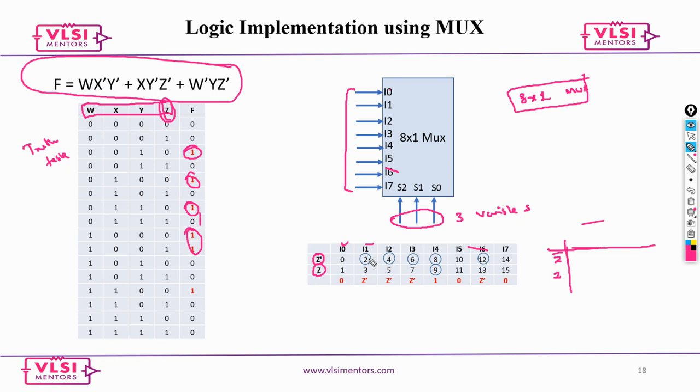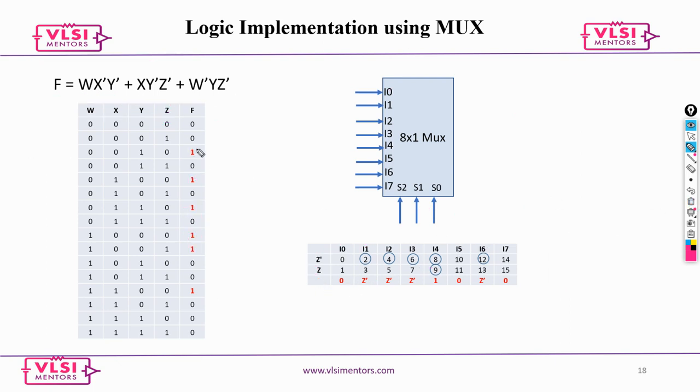It's 0, 1, 2, 3, 4, 5. Mark it as it is, just the normal decimal number. Now wherever there are ones, now here there is a 1. So this is 0, 1, 2. Just circle it.